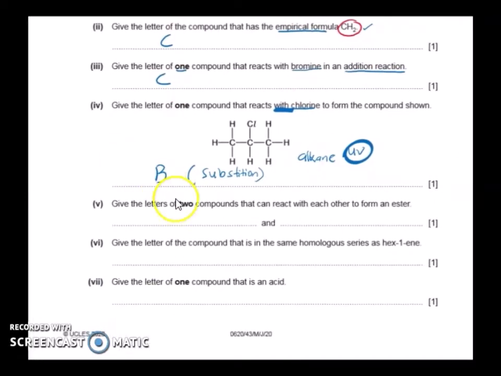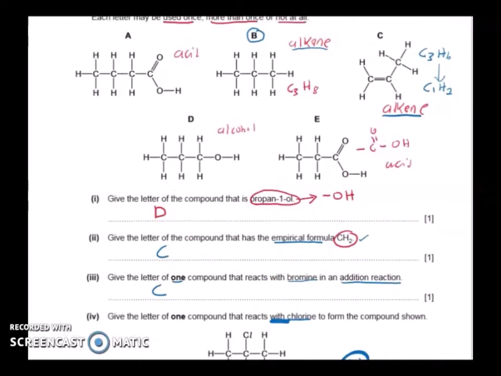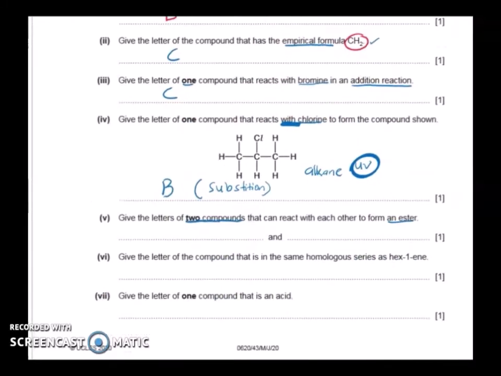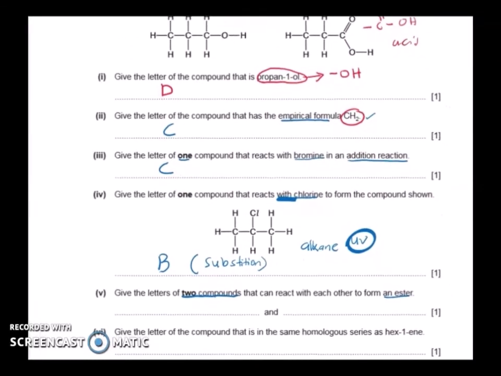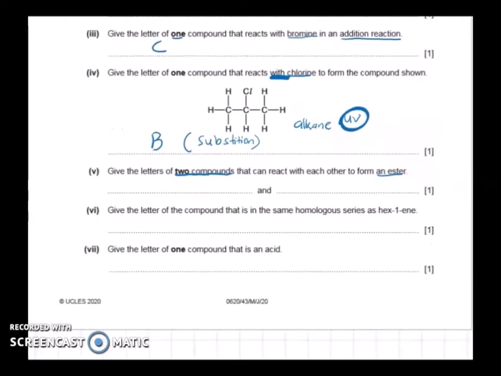And give the letter of two compounds that can react with each other to form an ester. To form an ester, we need a carboxylic acid and an alcohol. So it's either A or E, and D. We can put D as the answer here, and here you can answer A or E, either one.